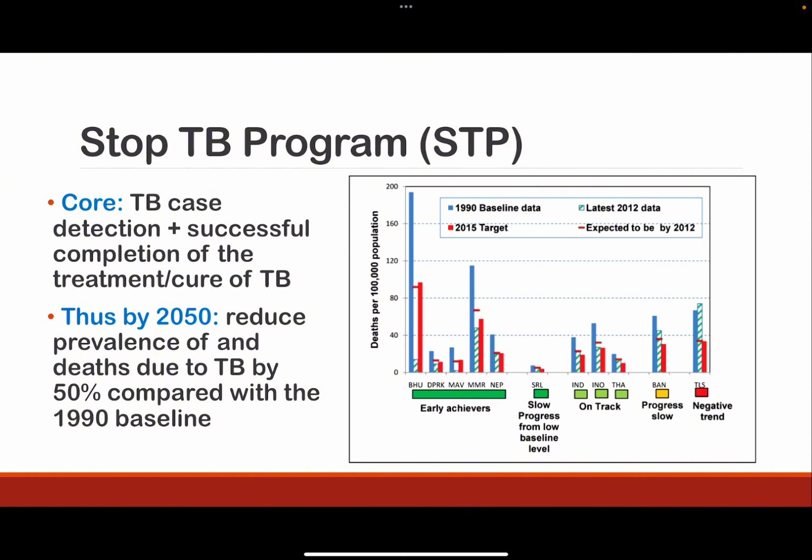Thus by 2050, if a person's TB is detected, they complete their treatment and get cured, then it will reduce the prevalence and death due to TB by 50% compared with the 1990 baseline. It seems long, as their goal is studied from 1990 up until 2050.